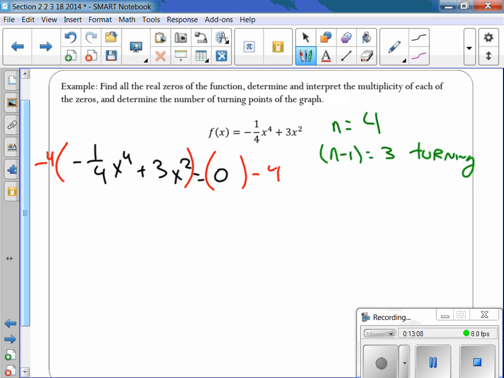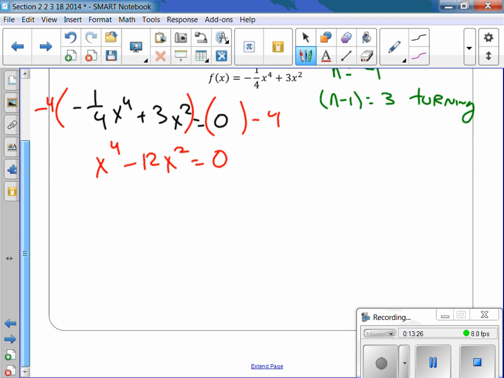Second term, it definitely looks a lot better, doesn't it? So now what? Take that GCF, in this case x squared. That's it? Okay, do we quit and say we're done?